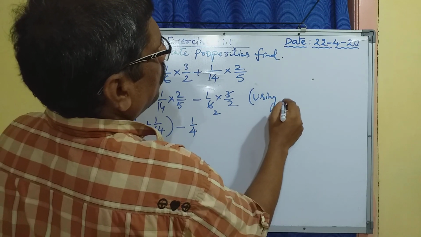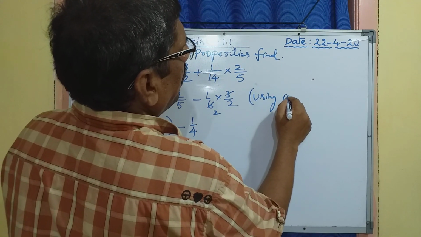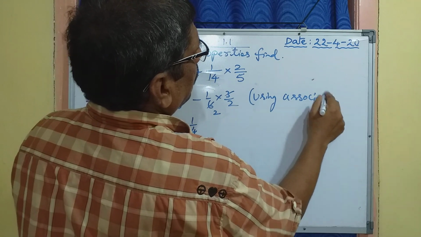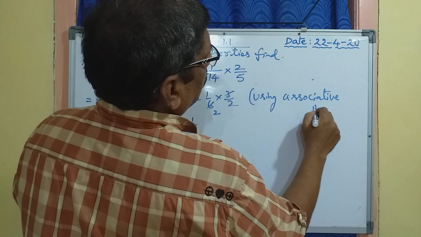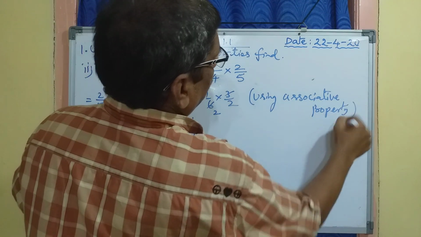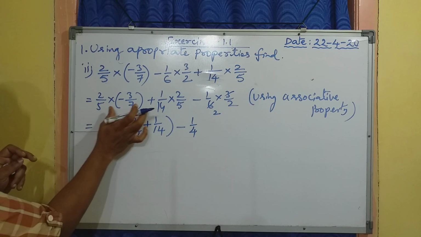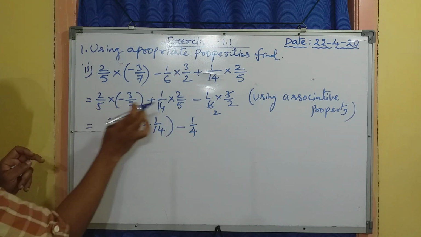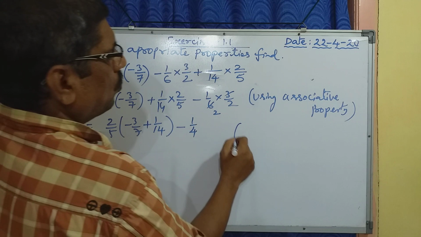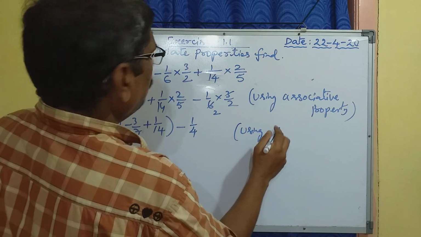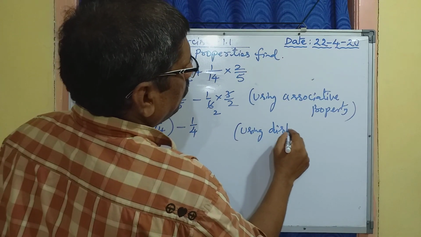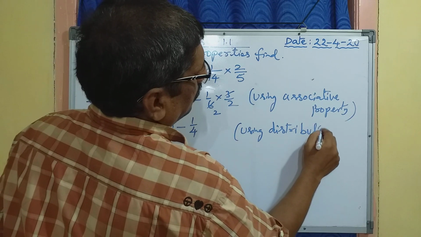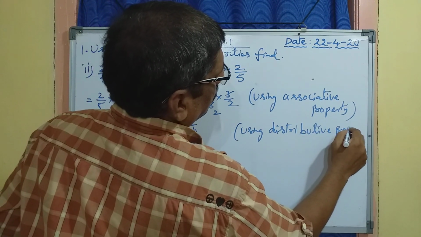This step we got by using associative property, same as the previous problem. And here we have taken 2 by 5 common from these two terms, so we have been using distributive property. Got it?